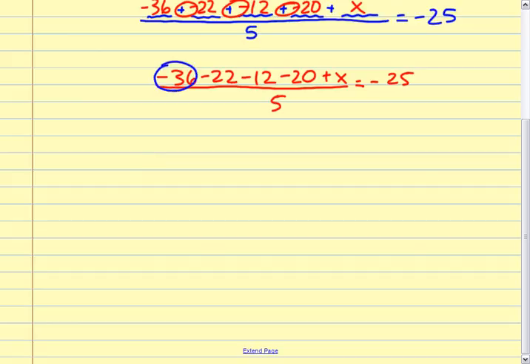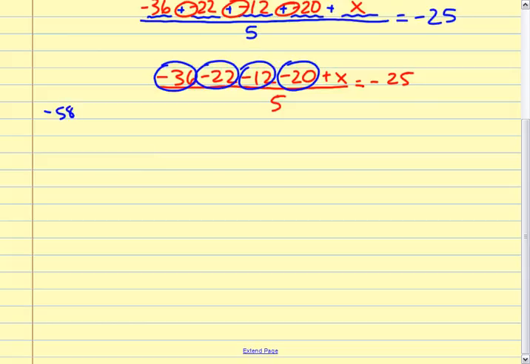Barrett, help me with this. Let's put these together. Can you do that for me? You want to do them one at a time? Let's do that. What's negative 36 and negative 22? No, they're both negatives. Negative what? Negative 58. Perfect. All right.